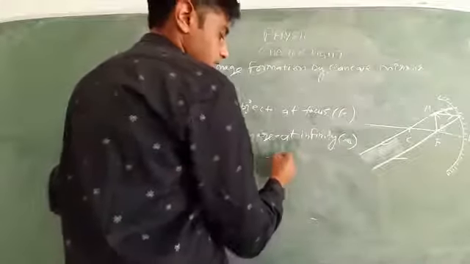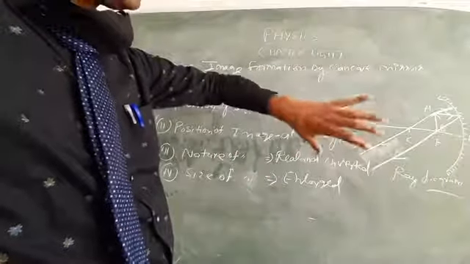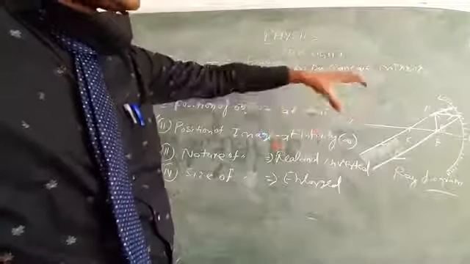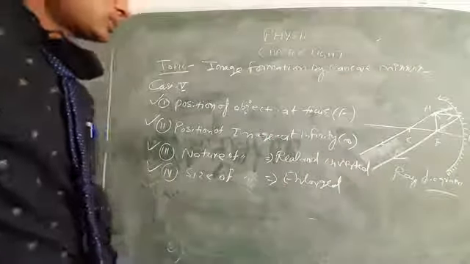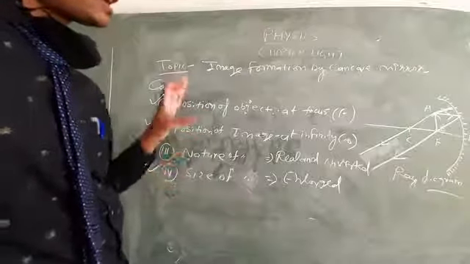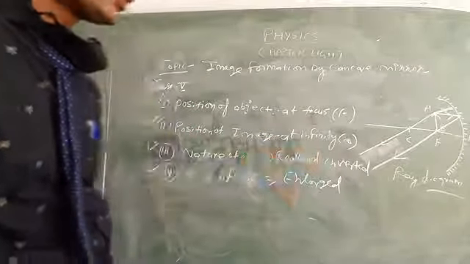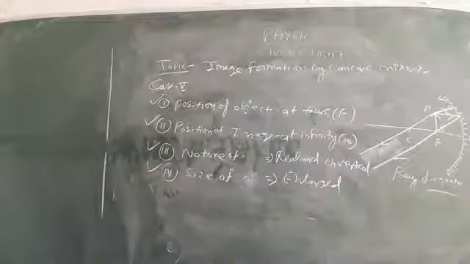You have to draw this ray diagram also, because in some questions some part of the ray diagram is missing and you have to complete it. So position, size, nature and ray diagram are all very important, so note all this in your notebook.